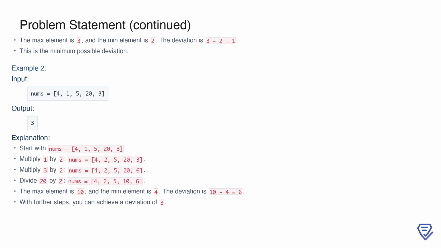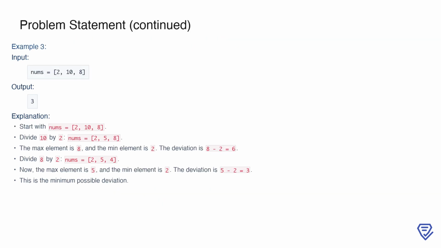Then, you divide the number 20 by 2, which changes the array to 4, 2, 10, 10. At this point, the maximum element is 10, and the minimum is 2, so the deviation is 10 minus 4, which equals 6. However, with further operations, you can reduce the deviation to 3, which is the minimum possible deviation for this input.